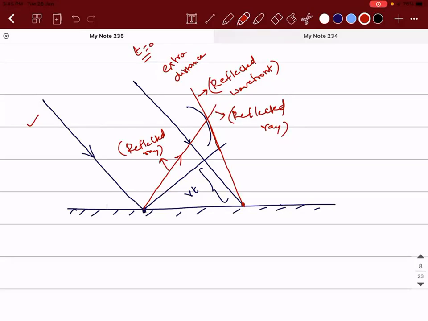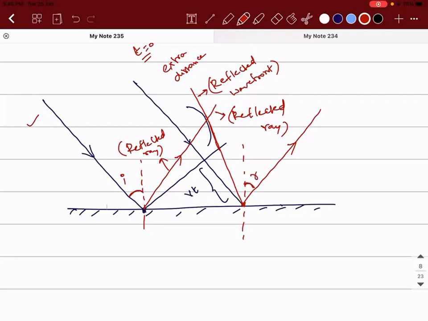Okay, so when this is the reflected ray, then to the second incident ray, I will draw a reflected ray which is perpendicular to this reflected wavefront. If I do this, then if I draw a normal at this point, listen to this carefully, this is called the angle of incidence and this is called the angle of reflection.